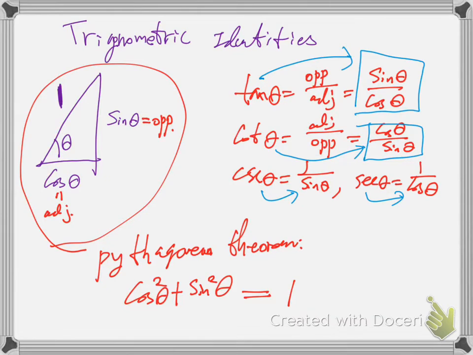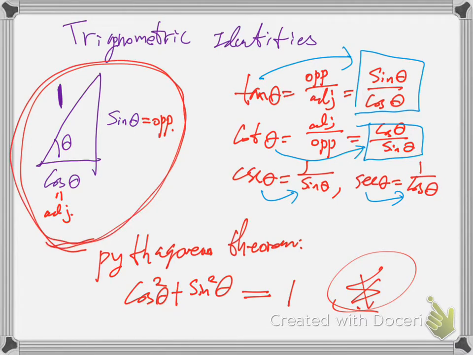For some harder questions, we need the Pythagorean theorem to verify the identity. So the key for this whole part is this triangle. It gives you the relation between sine and cosine and the other 4 trig functions, and this special Pythagorean theorem.